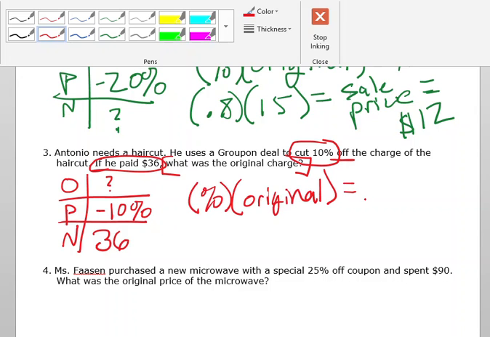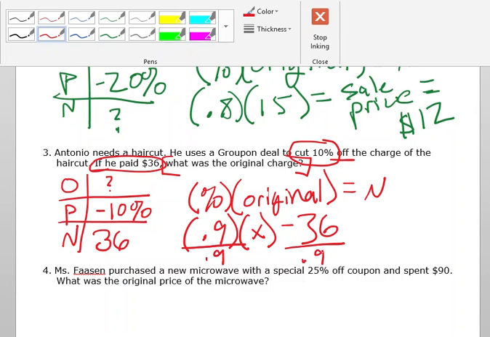The percent that I paid was 90% of X, that's what I don't know, is equal to 36. Divide both sides by 0.9. So I have 36 divided by 0.9, which gives me 40. So the original price was $40.